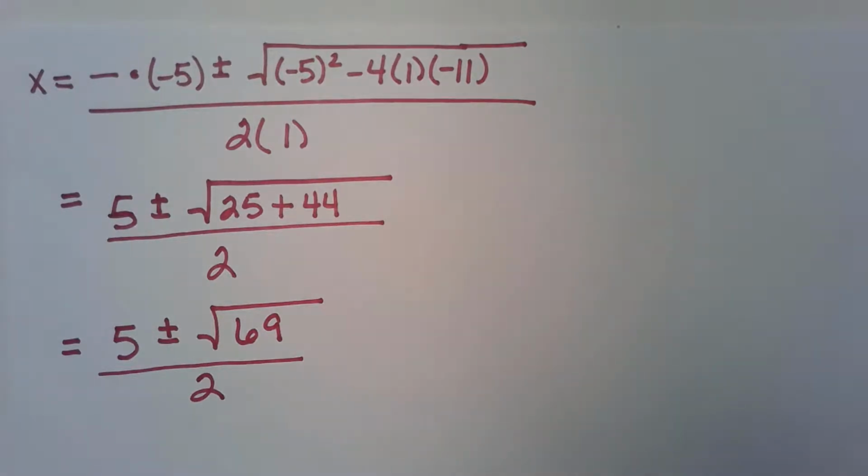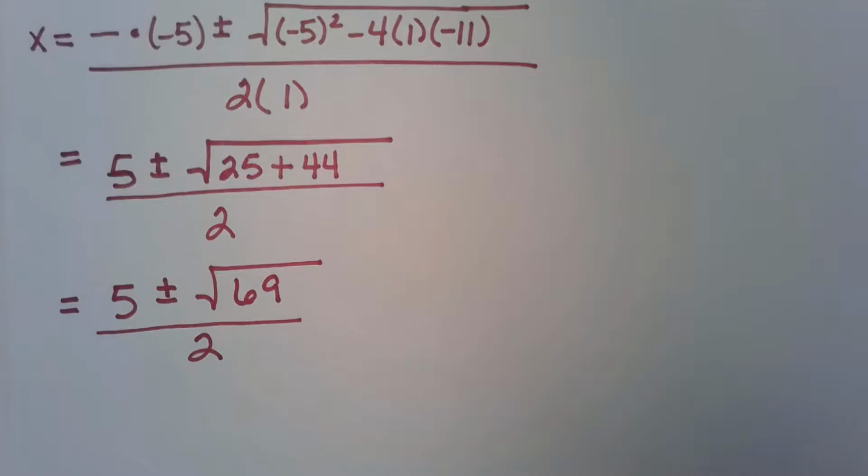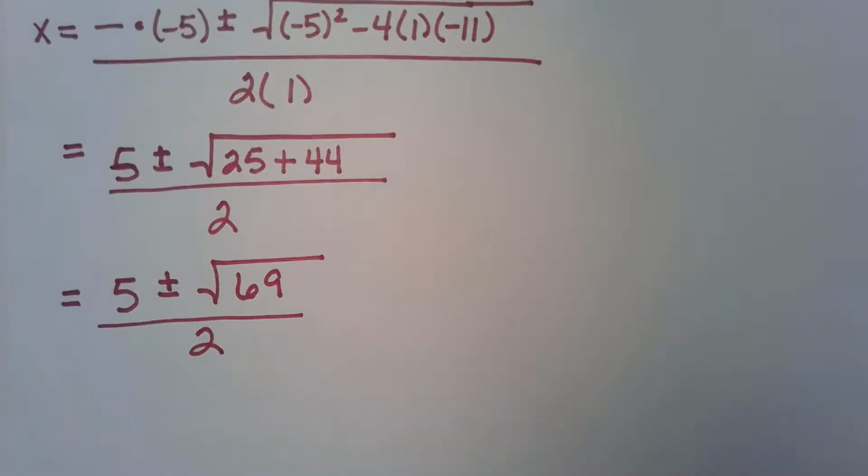And what's the square root of 69? Is it 13? Not 13. Well, no, not 13 and 13. But can we find that value? Or can this be simplified? 13 squared, I know that's not going to work.